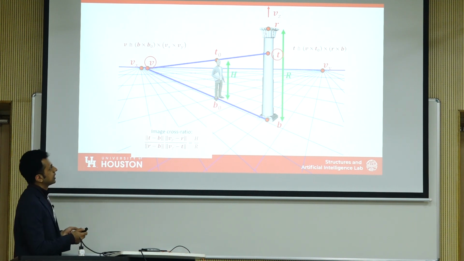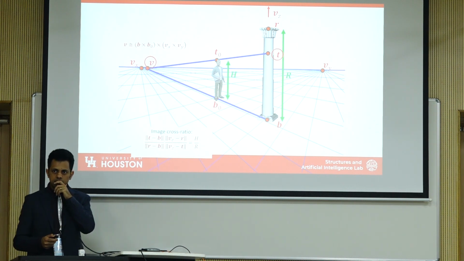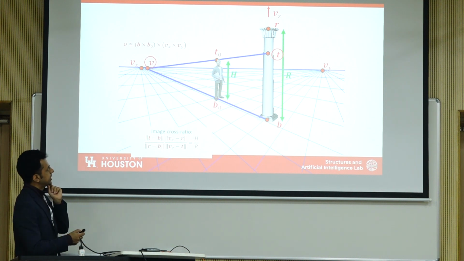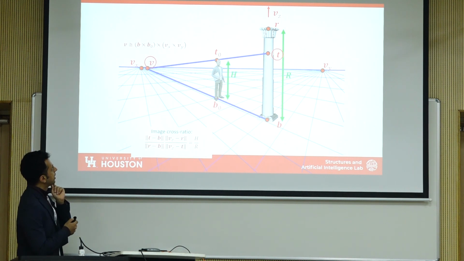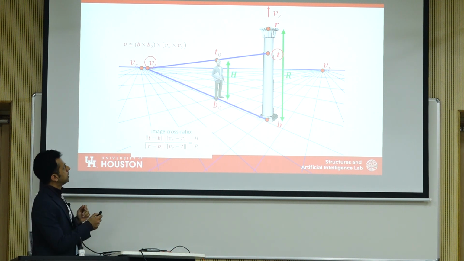And then t, how do I find t? Well, t is where this v t naught line intersects the b r line, right? If you draw a line from v to t naught, extend it, and see where it intersects the line that joins b and r, that gives you t.